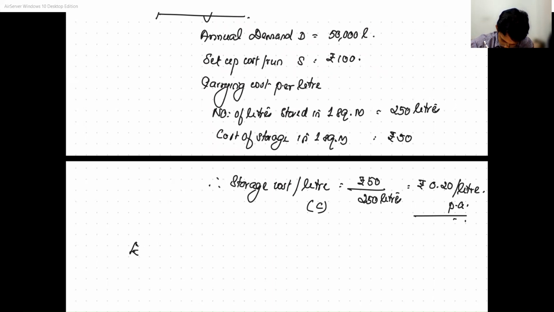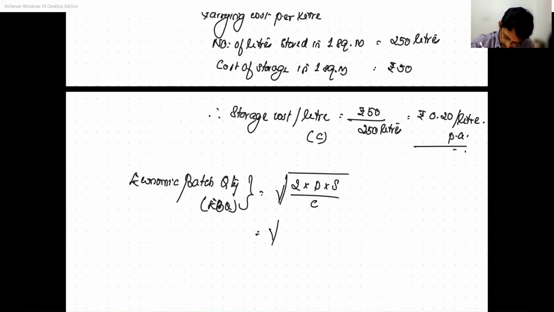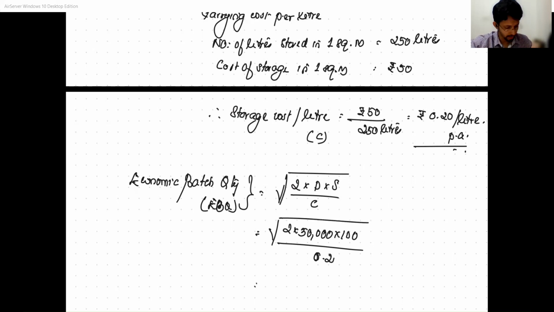Okay, now economic batch quantity. EBQ is equal to square root of 2 into D into S divided by C, which gives you 2 into 50,000 into 100 divided by 0.2, and its square root. Okay, it will be how much?